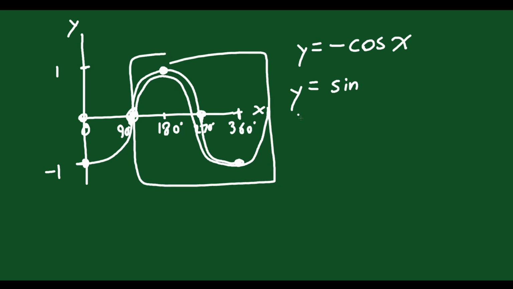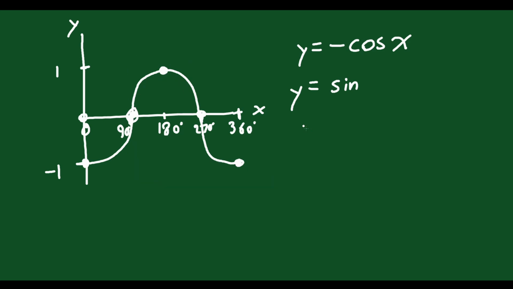And so it looks like this could have been a sine graph that moved to the right. Normally this point here would be here, but it's been moved to the right. So I can say that an equation that represents this graph is sine x minus, because we're moving to the right, 90 degrees, because 90 degrees is where that point is that used to be at 0. So y equals sine x minus 90 degrees is also equivalent to this.